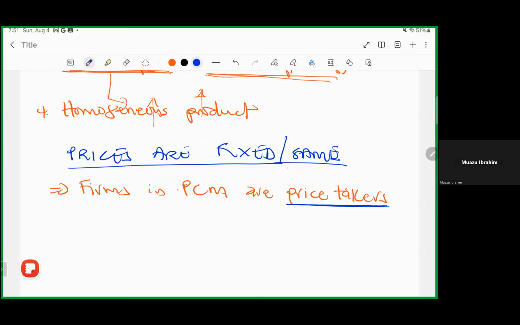None of the firms in the perfect competitive market set prices. So firms in perfect competitive market are price takers, and not price setters. They don't set their price as a firm.